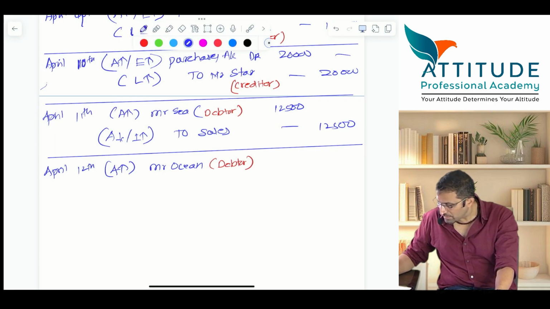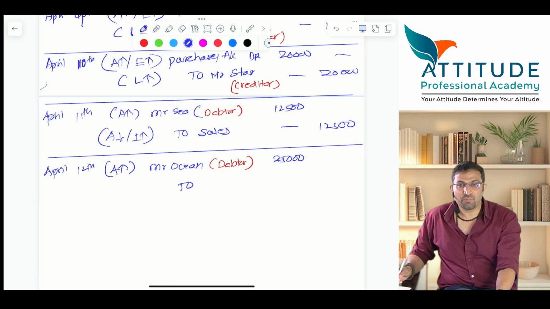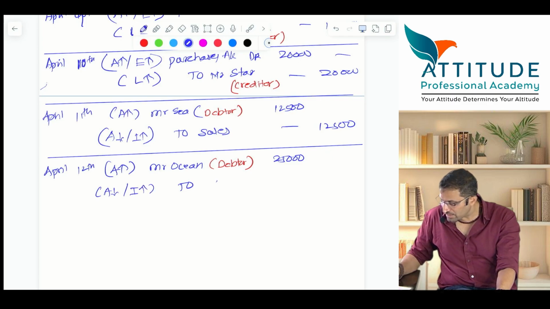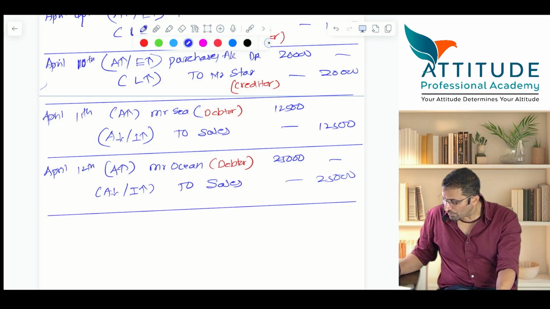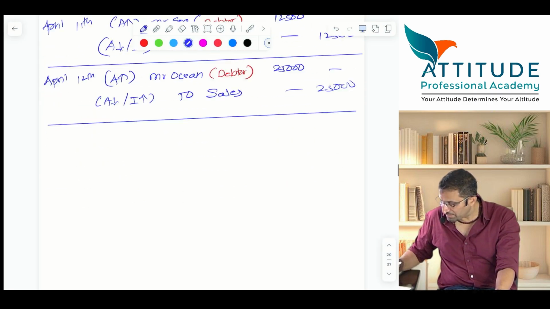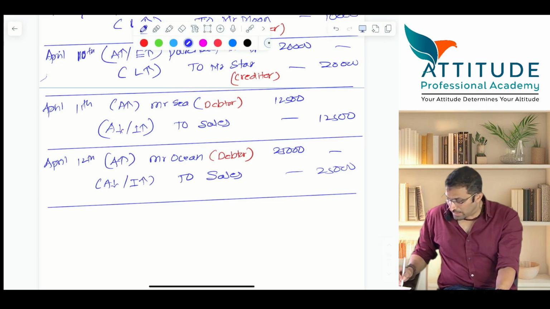Amount is 25,000. What did you give? Goods. And goods are in the form of sales. So asset reduces or income increases, to sales 25,000. Guys, up till here, is that clear? Next.